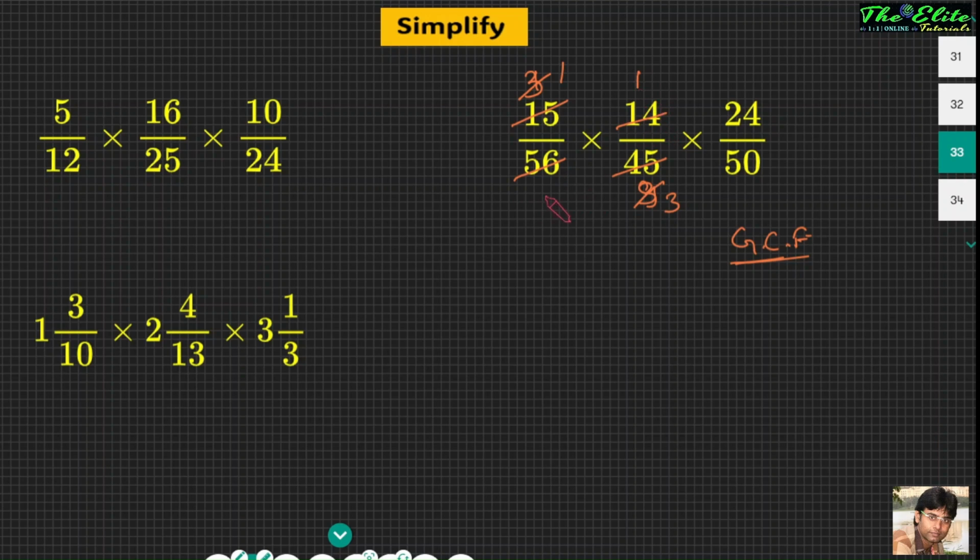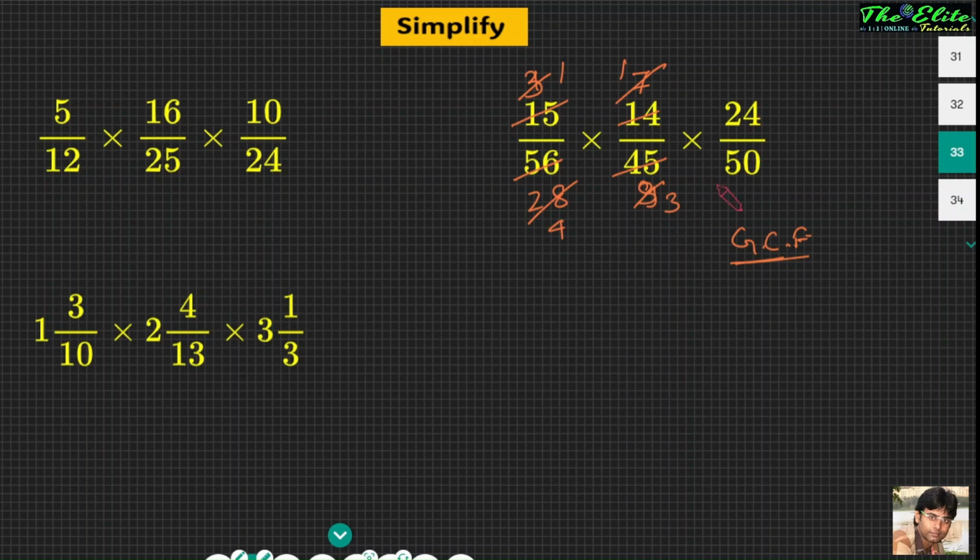Directly, 14 times 4 is 56. If you don't know, then what will you do? You will start with 2. You can see that this is an even number, this is also an even number, so 2 is the least divisor. Okay, so 2 times 28 and 2 times 7. Now everybody knows the table of 7, so 7 times 4. Finally you will get 1 upon 4 here.